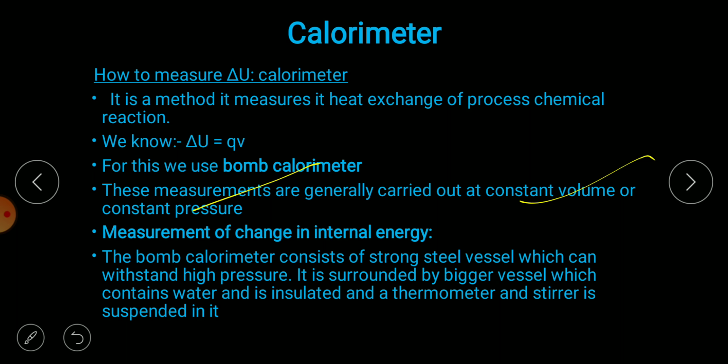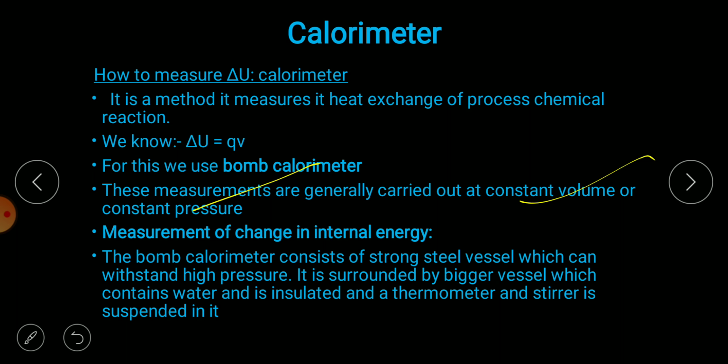So for that we use a bomb calorimeter, which has a strong steel vessel, at constant volume. It is surrounded by a bigger vessel, and that bigger vessel contains water. And we insulate it, covering it with an insulated layer which cannot let the heat pass.